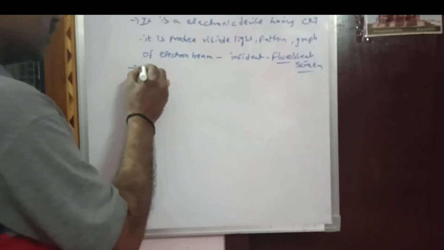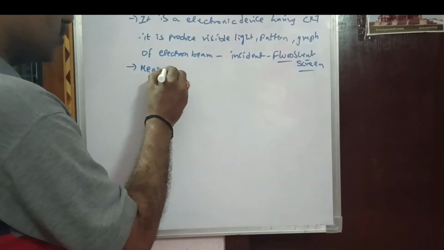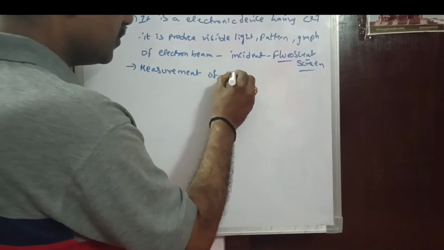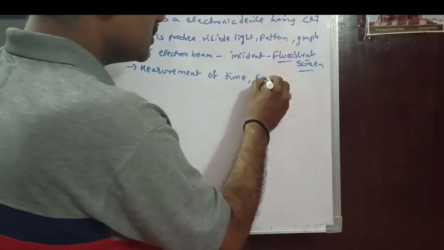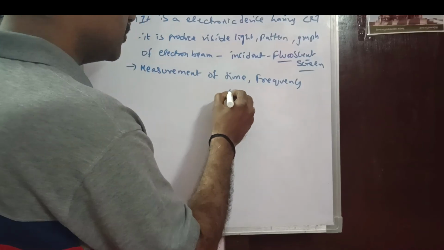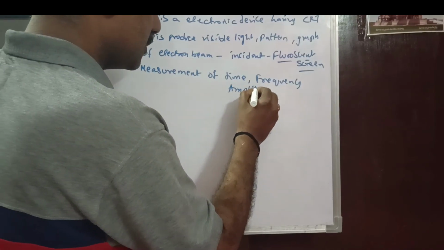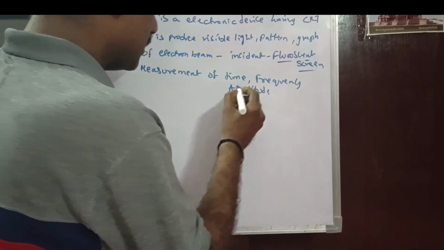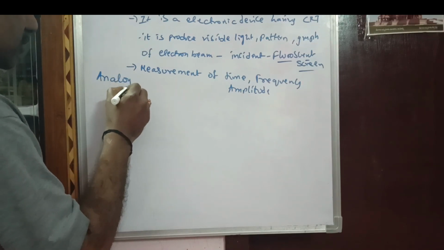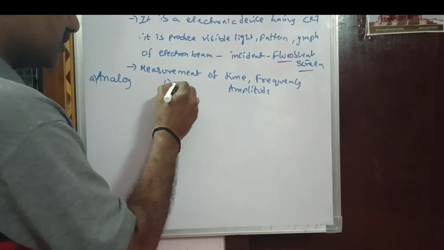CRO is used for the measurement of time, frequency, as well as amplitude. CROs are of two types: analog as well as digital.